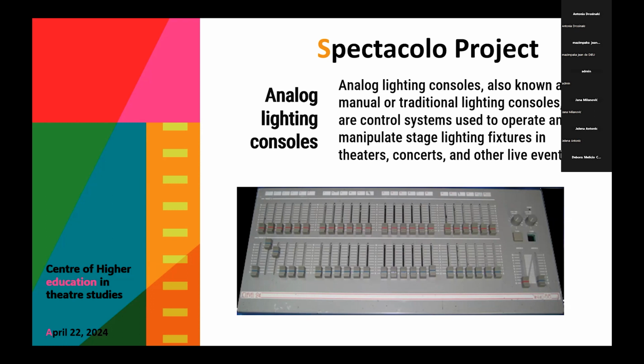An analog console typically includes a patch panel or patch bay that allows the operator to assign specific lighting fixtures to channels on the console. By connecting the output of each fixture to a designated channel on the console via the patch panel, the operator can control any fixture from the console.